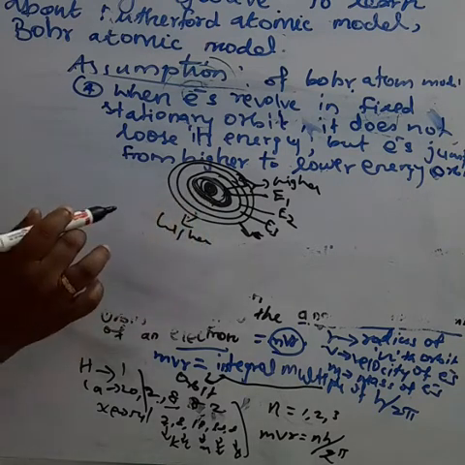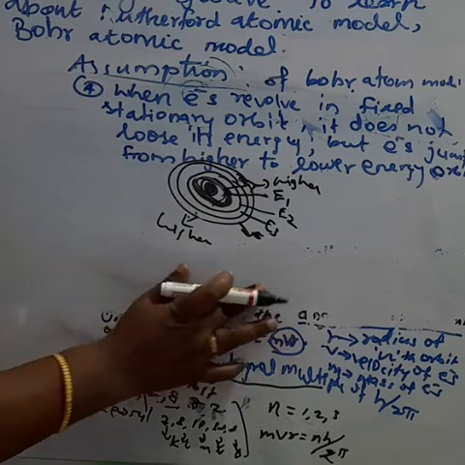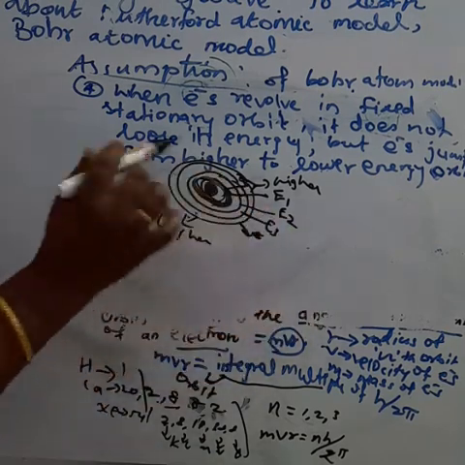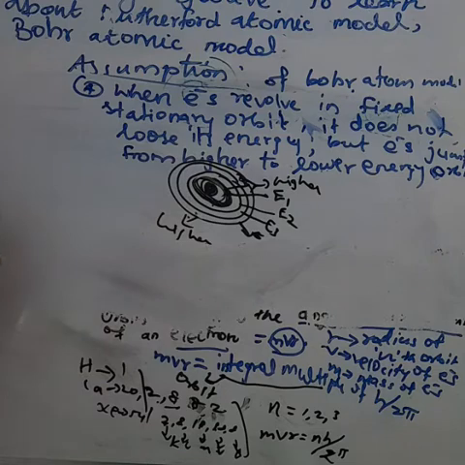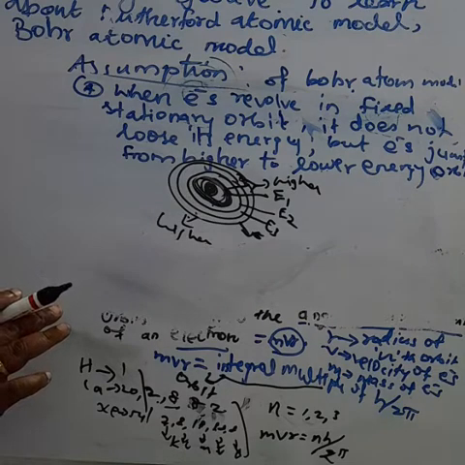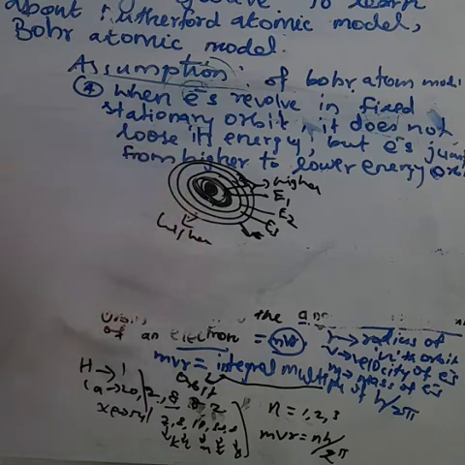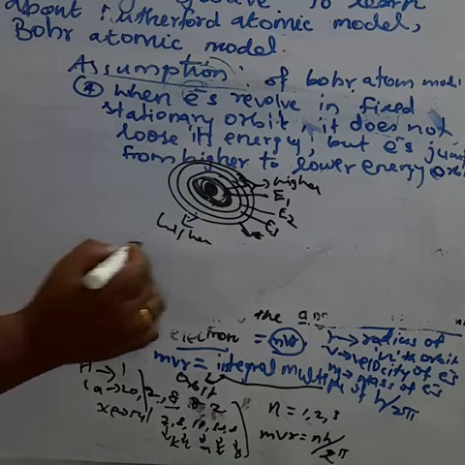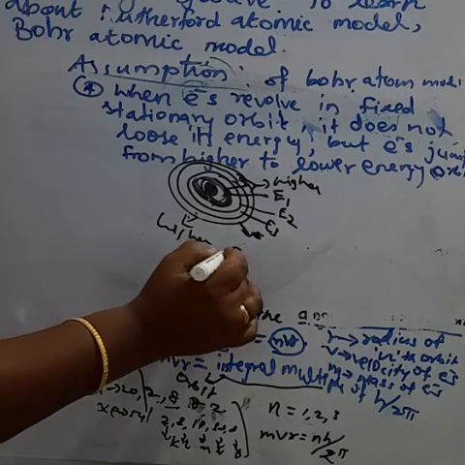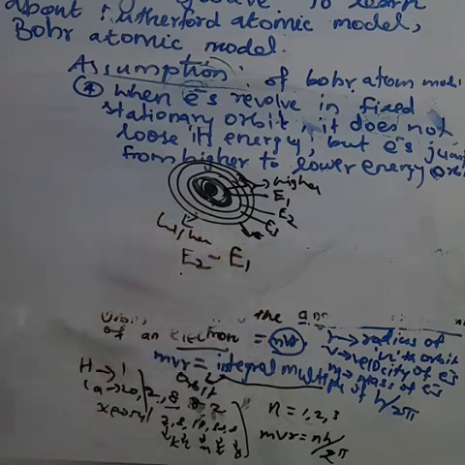When an electron jumps from higher energy state to lower energy state, E2 minus E1, where E2 means higher energy and E1 means lower energy, is equal to h nu.